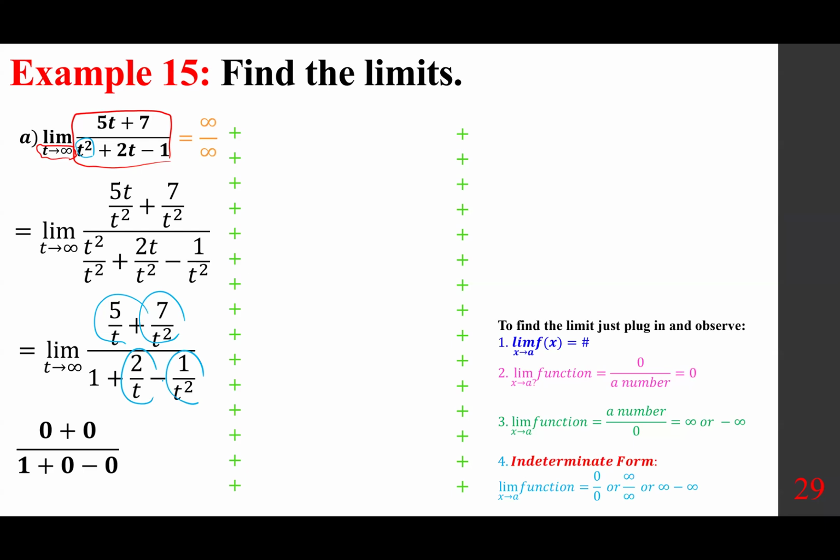So you're looking at 0 over 1, which is 0. It's important to write 0 over 1 before you get to 0, because if it happened to be 0 over 0, that is also indeterminate.